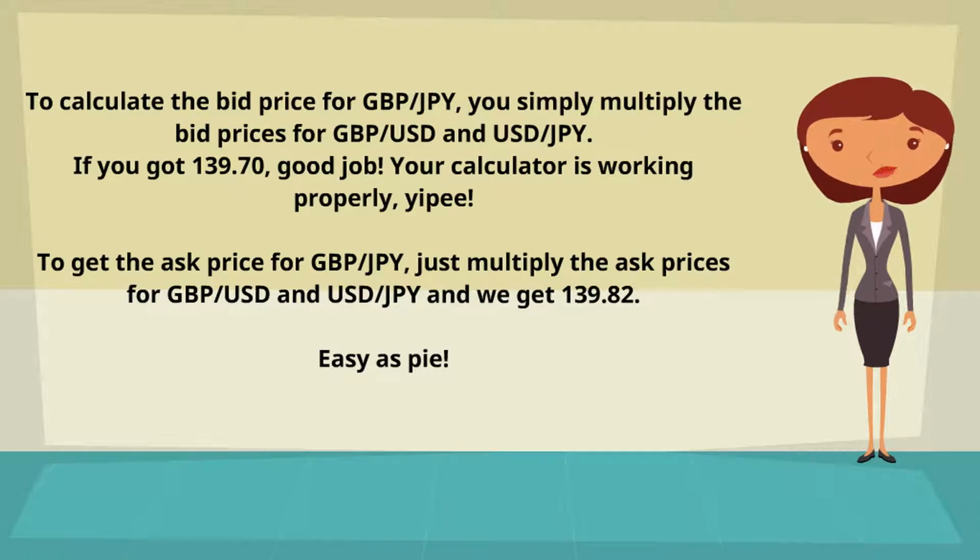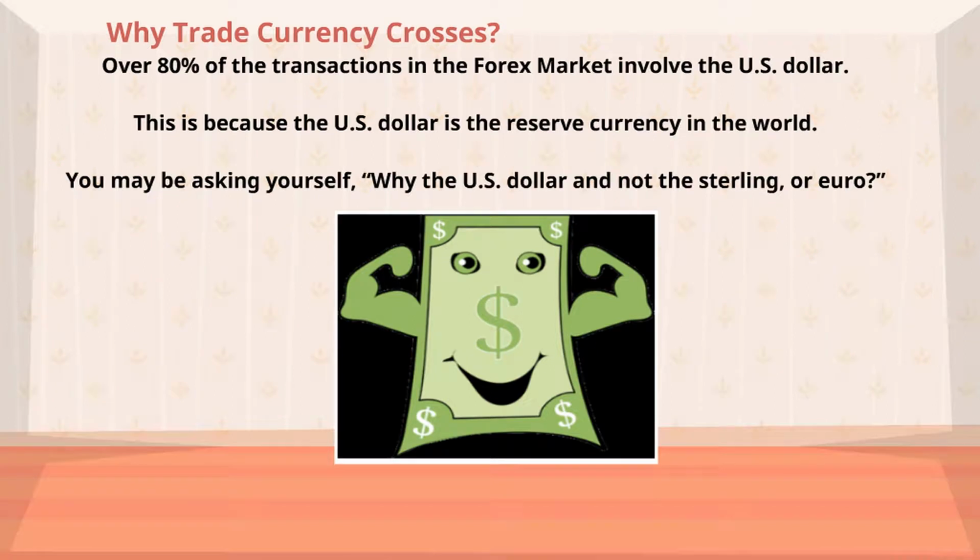If you got 139.70, good job. Your calculator is working properly, yippee. To get the ask price for pound sterling to Japanese yen, just multiply the ask prices for pound sterling to US dollar and US dollar to Japanese yen and we get 139.82. Easy as pie.